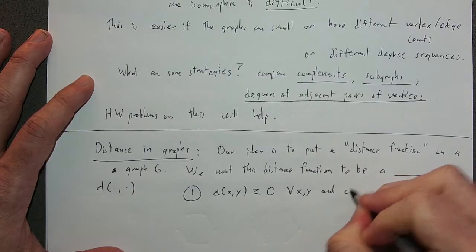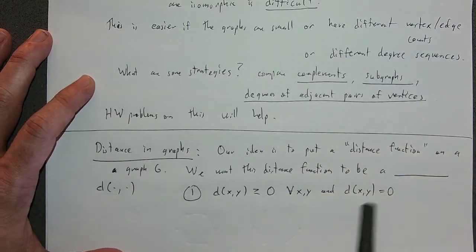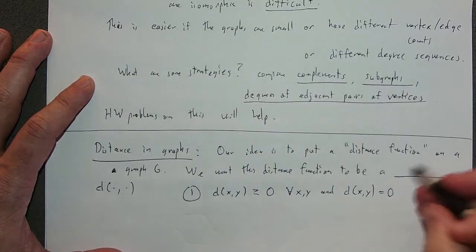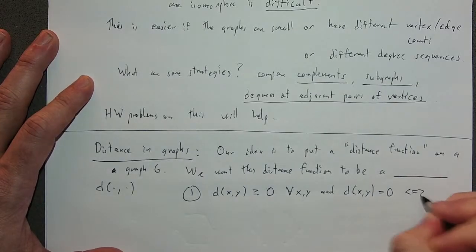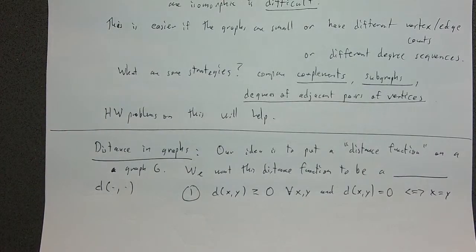And if it is 0, this only happens if the two points are in fact the same point. Does anyone remember what this is called?